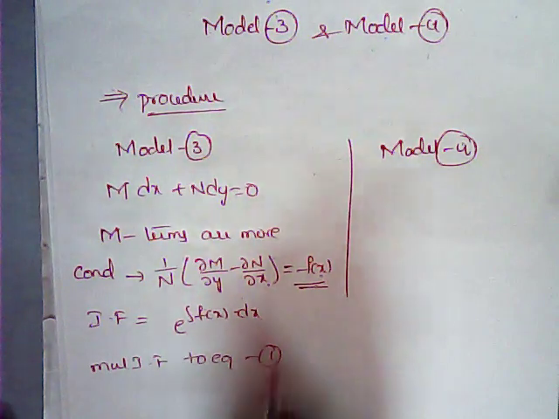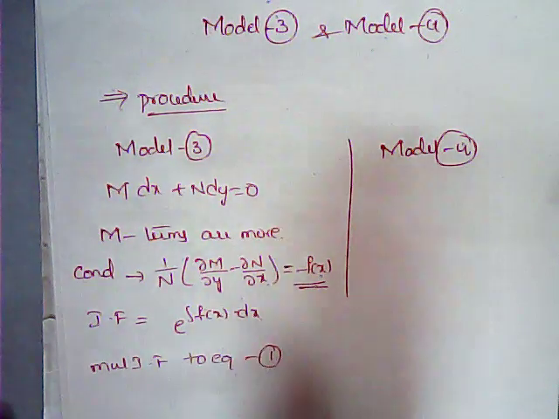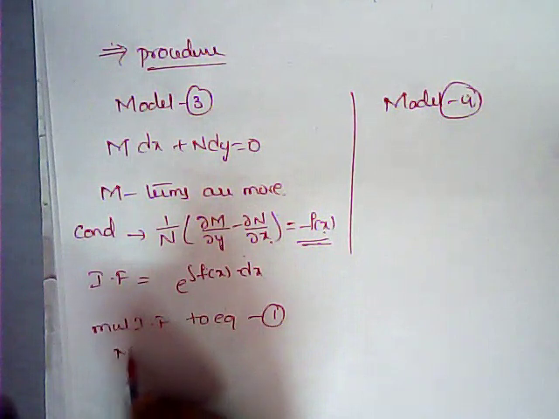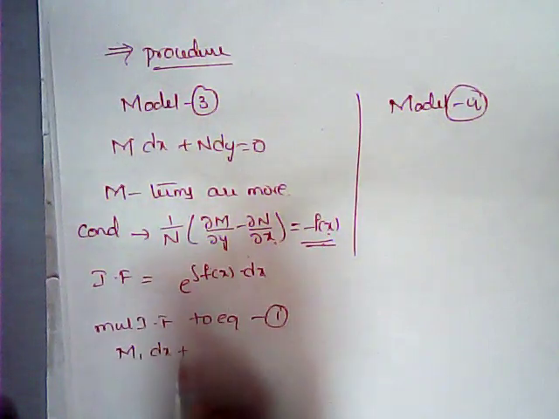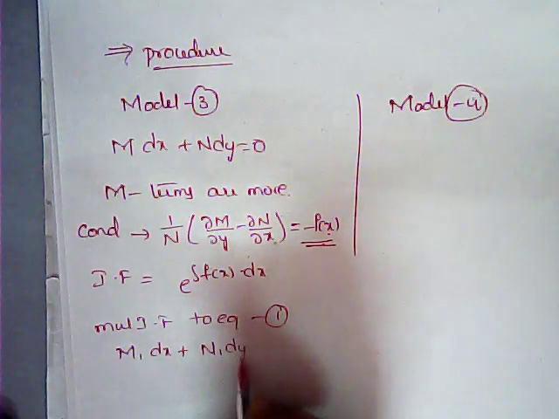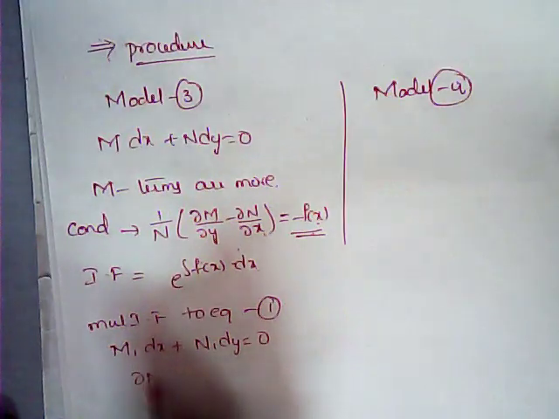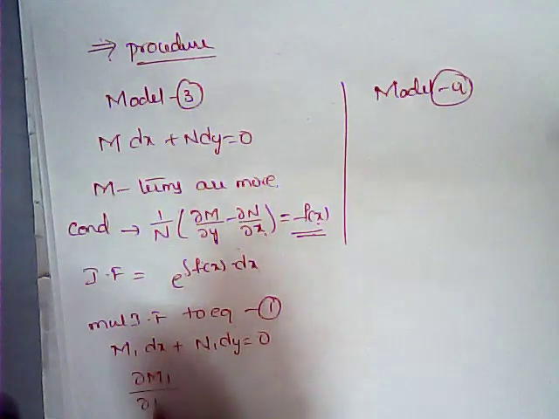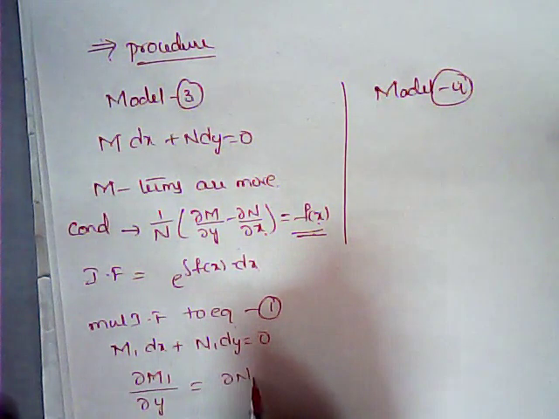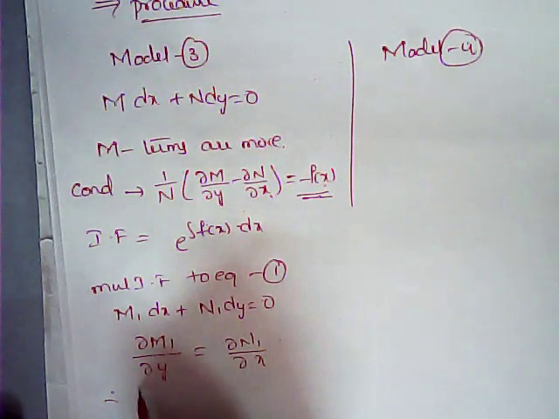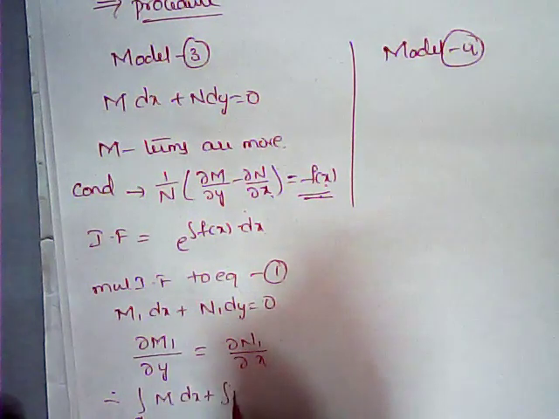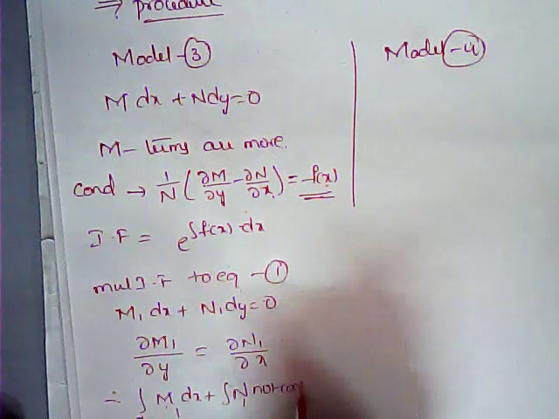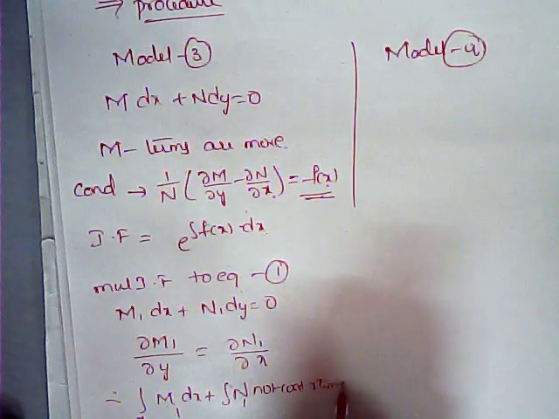Then we convert the equation into m1 into dx plus n1 into dy is equals to 0, and we check the condition that dou m1 by dou y is equal to dou n1 by dou x. Finally the general solution is integration of m1 into dx plus integration of the n1 terms not containing x. So this is the procedure here.